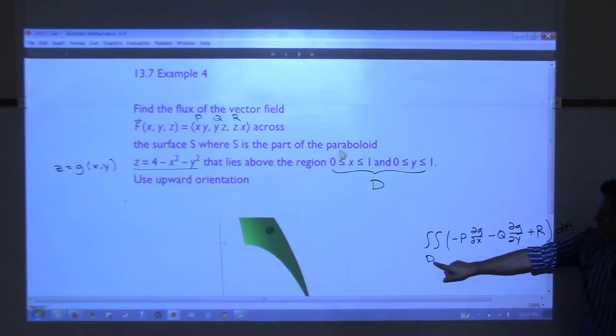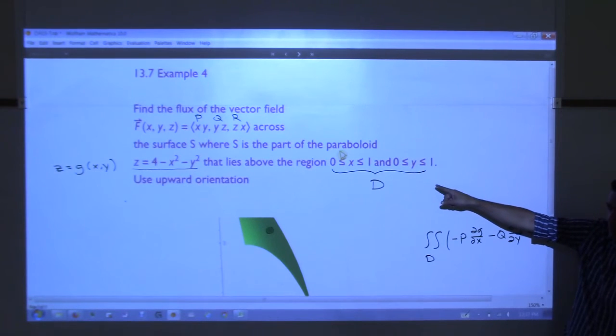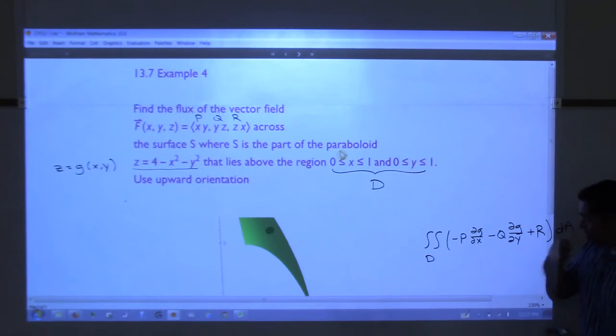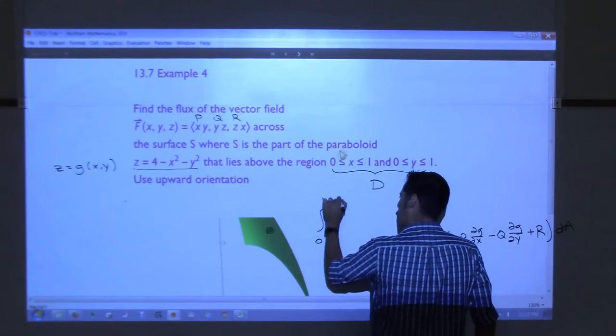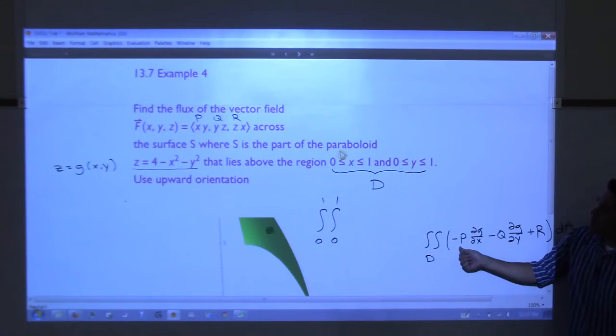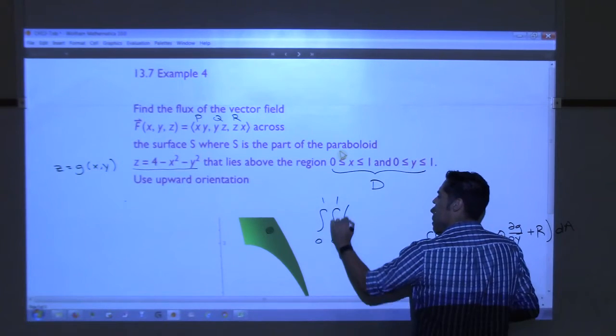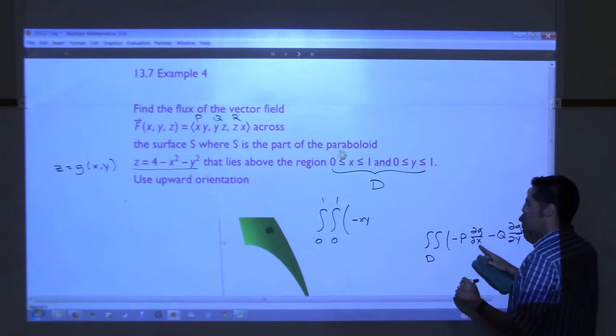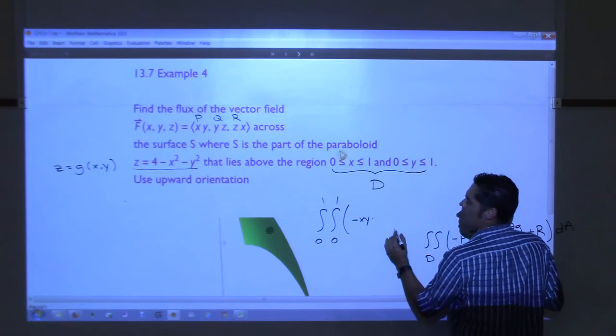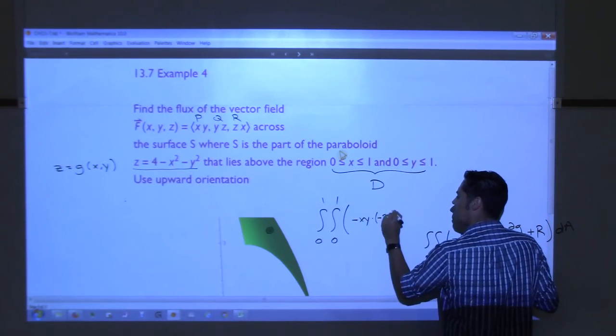What's your domain? Those two things, right? 0, 1, 0, 1. So we're going to go from 0 to 1, 0 to 1. What is negative P? Negative xy. What's the partial g with respect to x? Negative 2x. So I'm going to do negative P, which is negative xy, times partial of g with respect to x, which you just said was negative 2x.